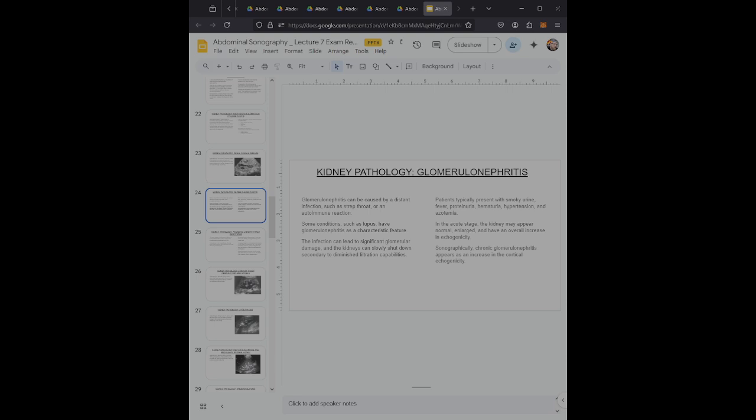So sonographically, the kidneys are enlarged, demonstrate increased echogenicity, and have prominent renal pyramids. This is in the case of acute, and when it becomes chronic, the kidneys become small and echogenic.